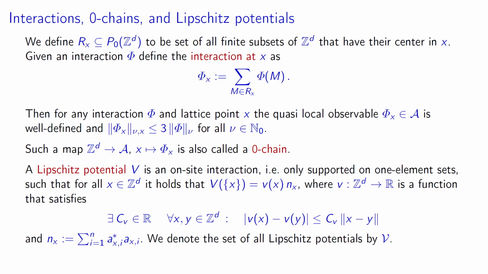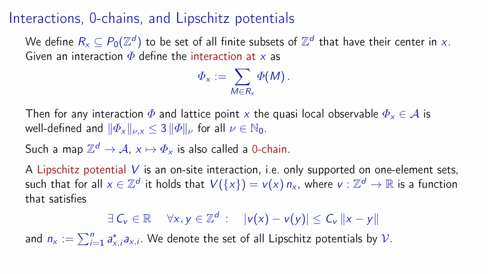So what we require is that this function is just a Lipschitz function on Z^d, meaning it satisfies a uniform Lipschitz condition. And N_x is the number operator inside X. So this is an external potential U of X. That is what we want to model.